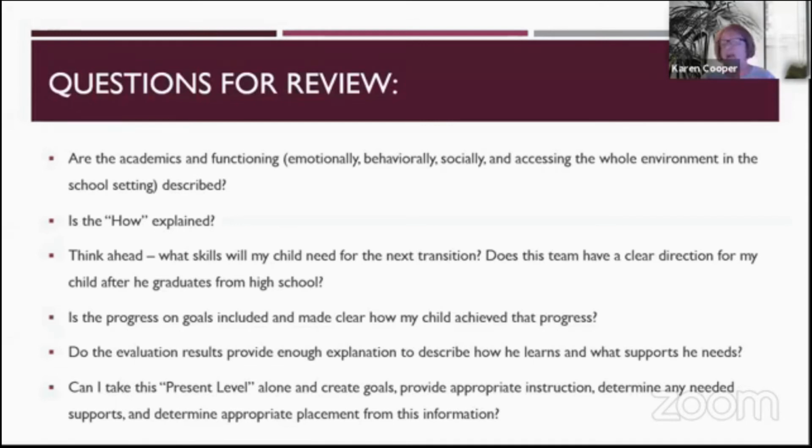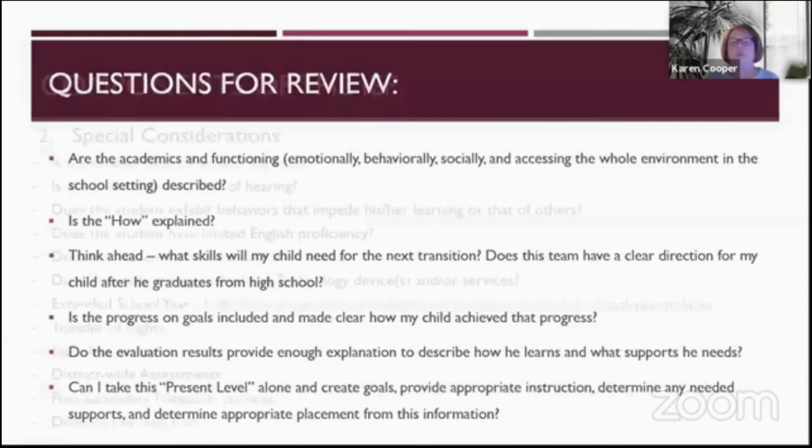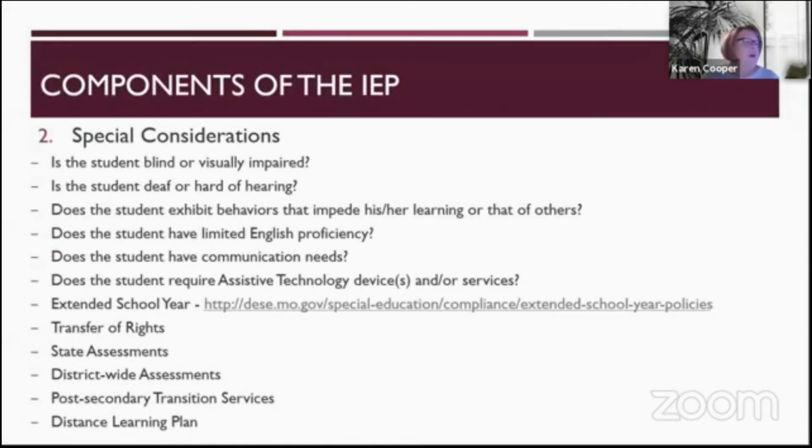And if you're going through the IEP and you're not able to, just say, hey, I agree this is necessary, but we don't have any information in the present level to indicate why this is necessary. Can we add that to the present level? That's all you have to do. All right, I know that was a lot of information, but that is the most important part of the IEP.